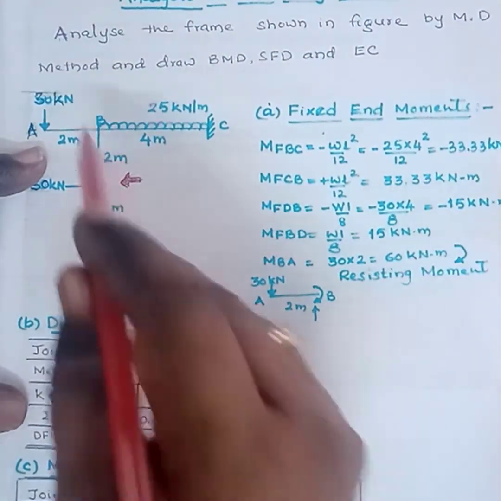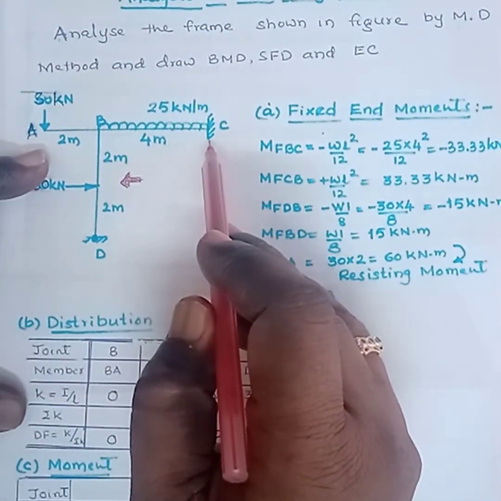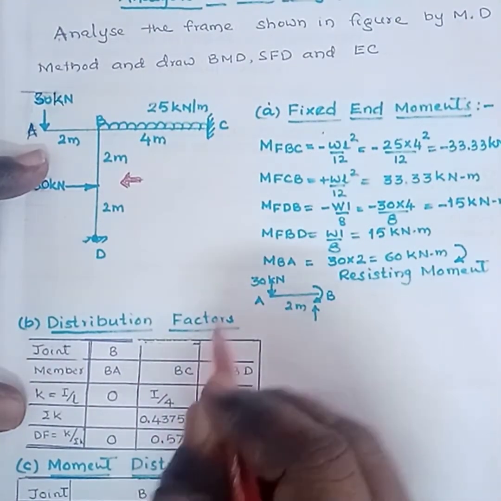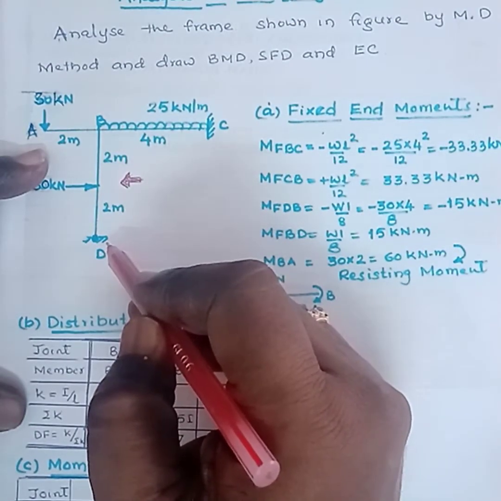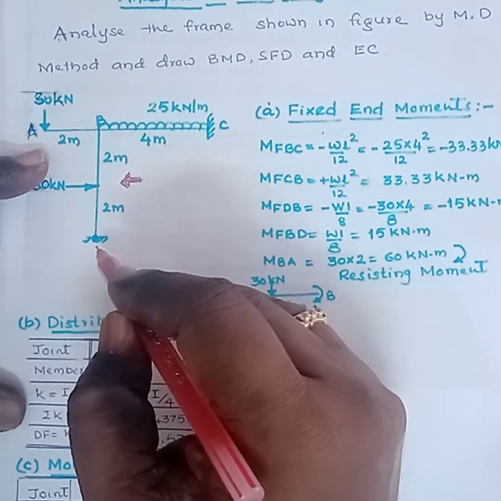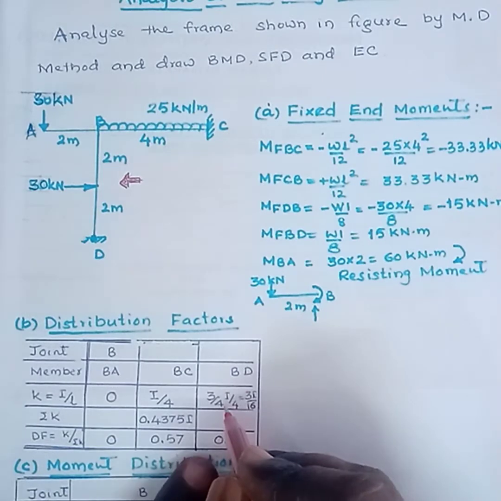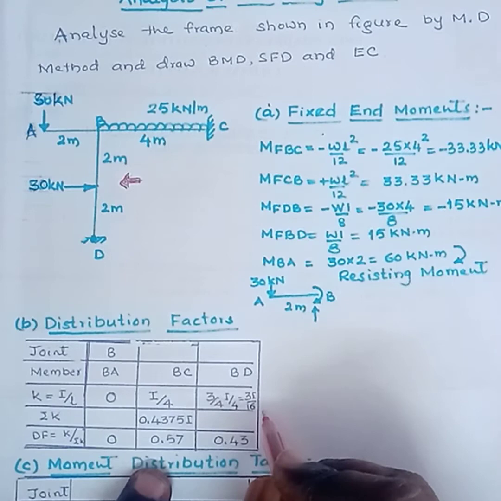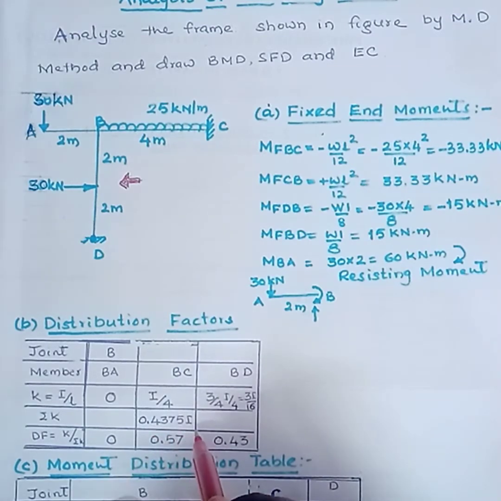For BC, with respect to B, C is continuous or fixed. Therefore, K equals I by L, that is I by 4. With respect to B, D is not continuous and is resting on the hinged support. Therefore, K equals 3/4 of I by L, that is 3/4 of I by 4, which is 3I by 16. Then summation K, KBA plus KBC plus KBD, equals 0.4375I.